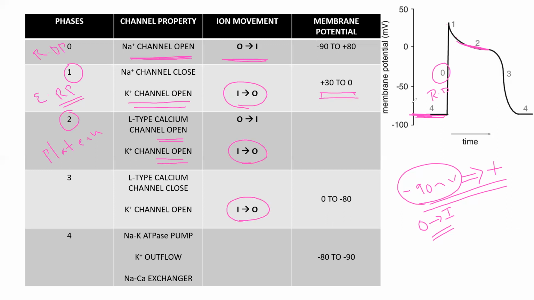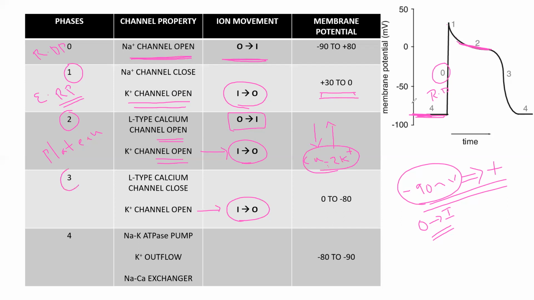Calcium ions move from outside to inside. For every one calcium ion coming inside, 2 potassium ions go outside, so they are balanced. That's why this phase remains in the plateau stage.